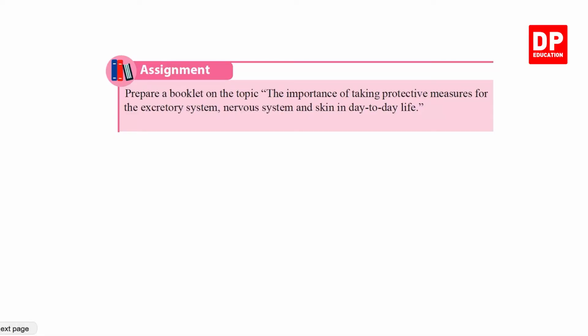My dear children, finally you are given an assignment. Prepare a booklet on the topic: importance of taking protective measures for the excretory system, nervous system and skin in day-to-day life.